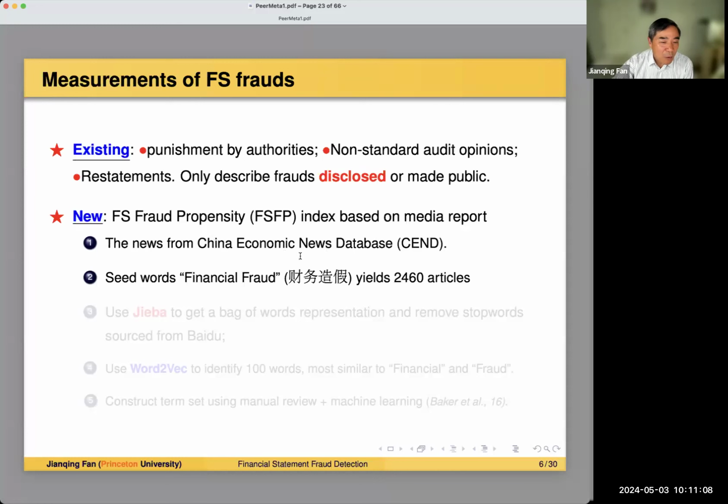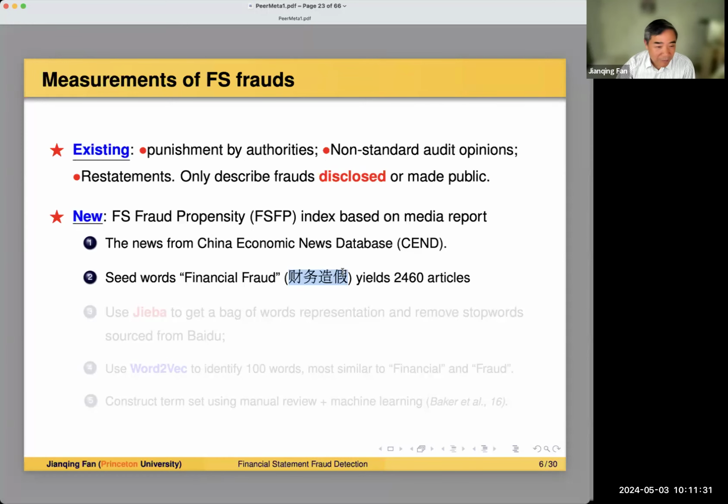And then we begin with the seed words "financial fraud" to search for the news. Of course, in Chinese, we use these four characters, 财务造假, and this yields 2,400 articles. These are the preliminary articles that we are using.